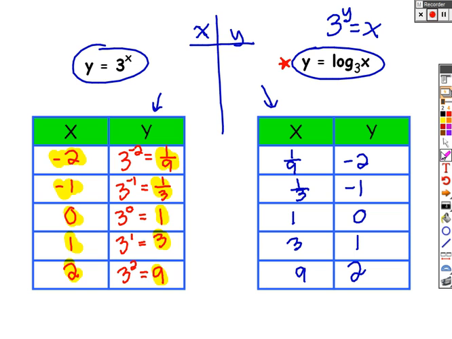So for instance, what's 3 squared? Well, 3 squared is actually 9. Or 3 to the negative first power is 1/3. So that's kind of an alternate way to generate the same table. I'd plug in values for y and see what comes out for x if I didn't have that first table made.